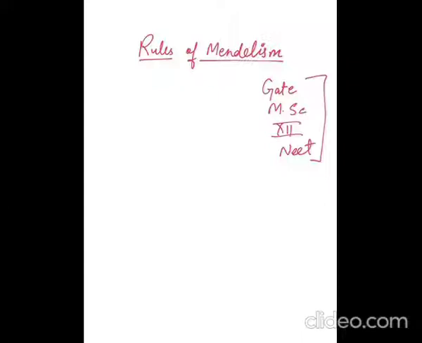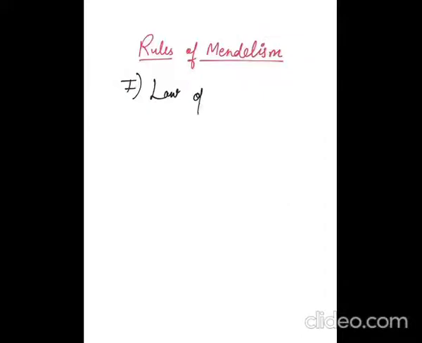So, there are total 4 rules of Mendelism. First rule is law of pair of unit factors.